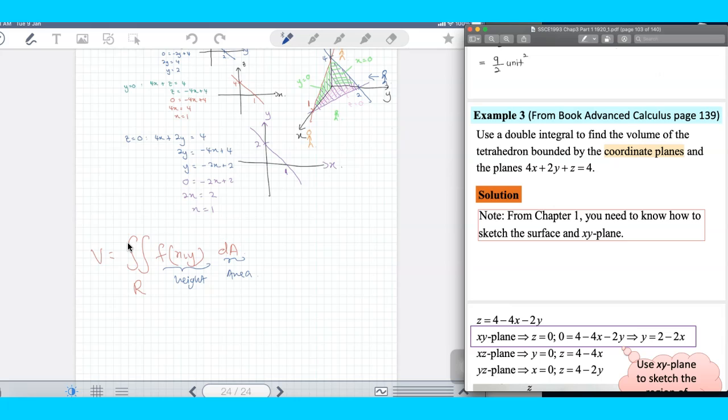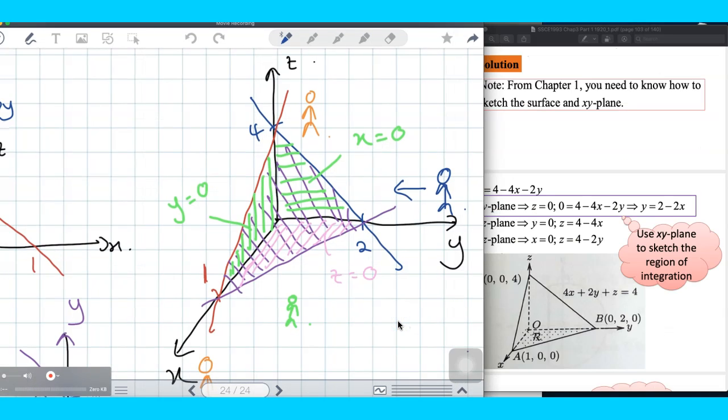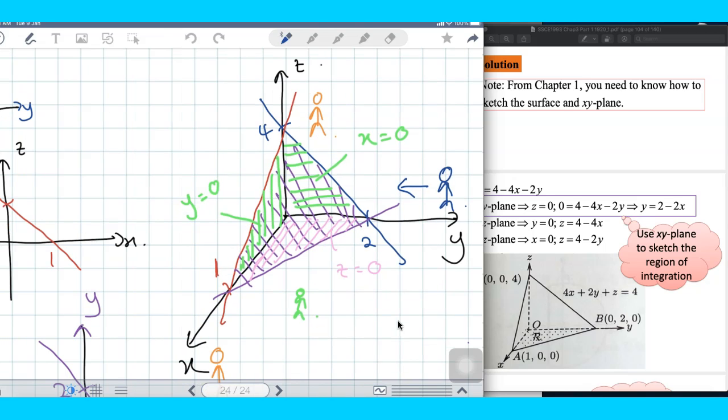But now, how can we determine the height, the function or the integrand here? In order for us to determine the function, first, you have to look at your solid. It may be confusing at first, but I'm sure that afterwards you will get a better understanding, and it will be easier for you to determine it yourself.